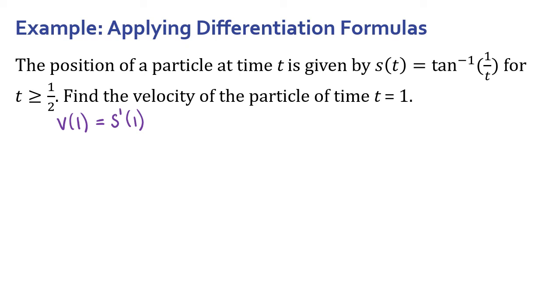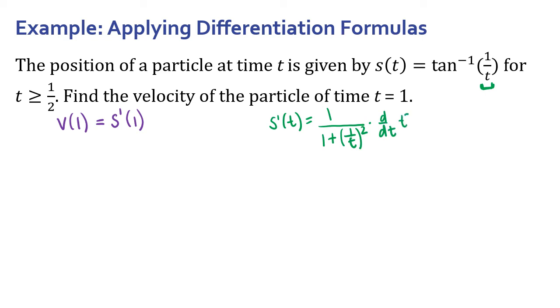So what is s prime of t? Okay, so again, I'm going to have to use the chain rule because I have an inside function. So it's going to be the derivative of the outside function, which is 1 over 1 plus x squared, but instead of an x, I'm evaluating it at that inside function, so I put the inside function in. And then times the derivative of the inside function, which is 1 over t.